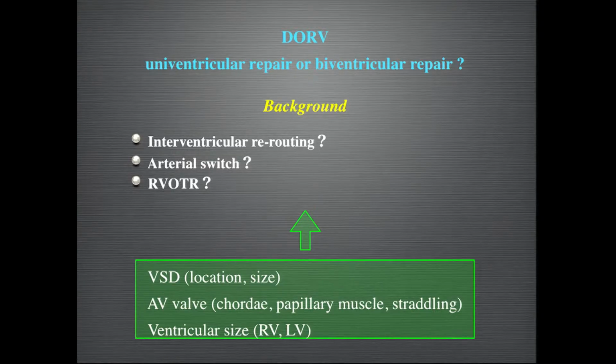The VSD location and size are important, as is the left ventricular outflow component at the ventricular septal defect. The size and location are very important, and recognizing them by preoperative diagnosis is very important in DORV. Also the AV valve is one of the keys.